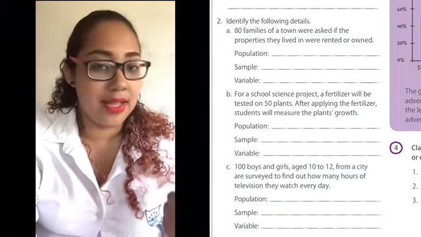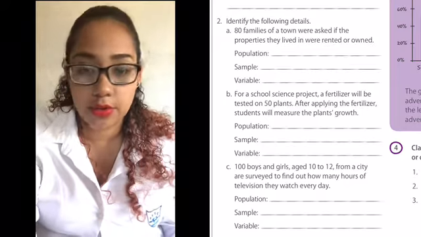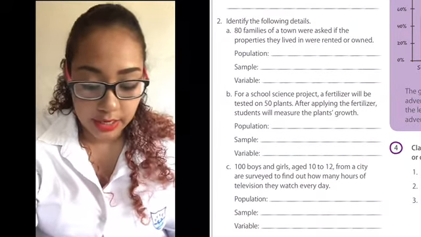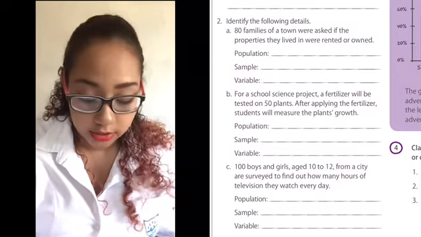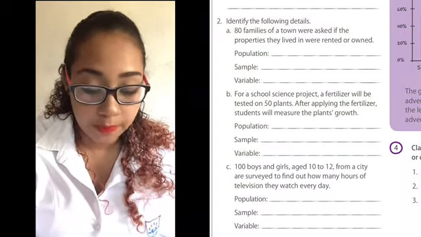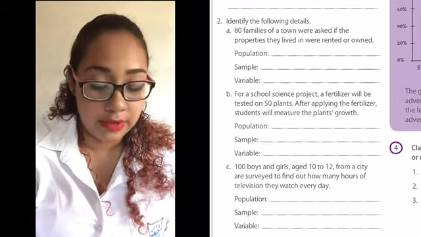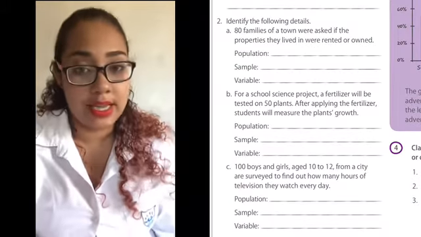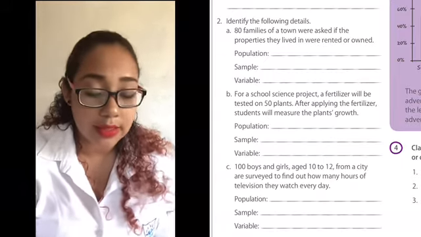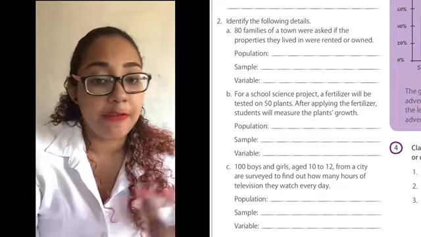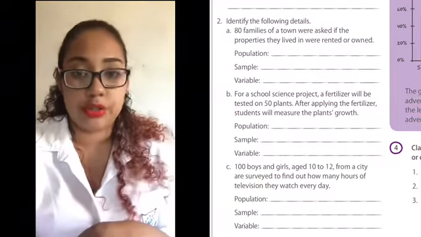Is it money? Is it cars? What are they going to analyze from there? Well, here on letter C, the variable is the number of hours of TV they watch every day. That's what they're going to check. But from whom, and from what population?